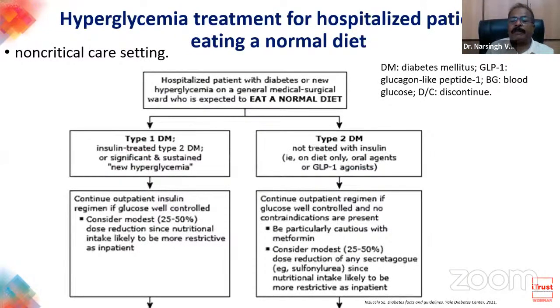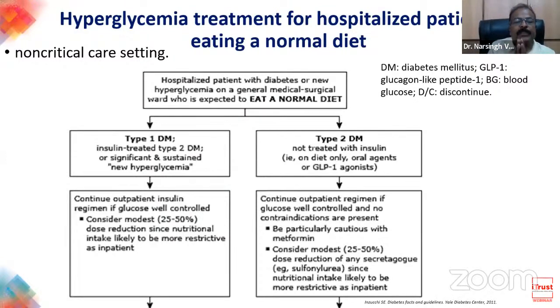Hyperglycemia treatment for hospitalized patients eating a normal diet. Those who are taking a normal diet but are hospitalized for some reason, and because of monitoring they are in the hospital, being given intravenous antibiotics or some other reason, intravenous fluid.